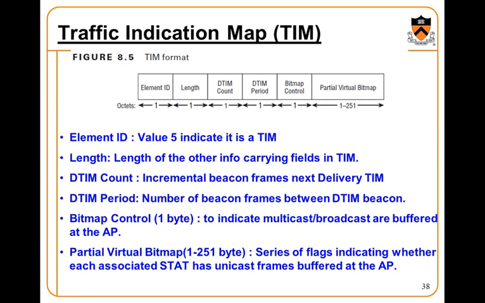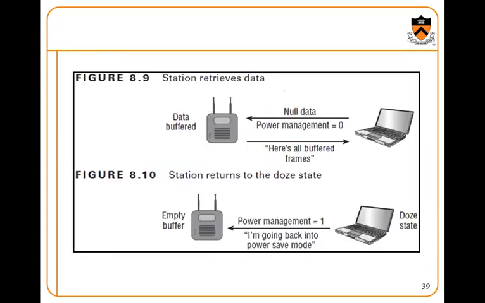So the first bitmap gives us information about the broadcast and multicast, and the next one gives us information about the unicast information. So here in this diagram, you can see that the station received data that is buffered on this access point. It was initially in the sleep mode, and once it becomes an active node of this network, then all the buffered frames will be transferred to the node automatically.